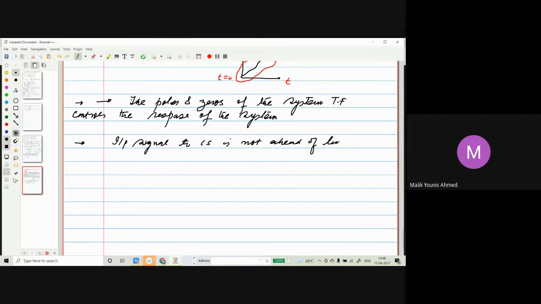Before time, we don't know what type of input we will provide to the control system, or what type of disturbance it will encounter.